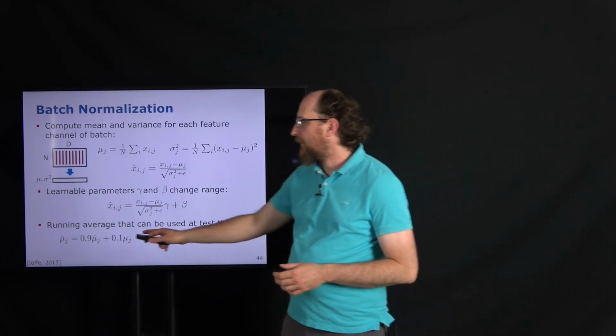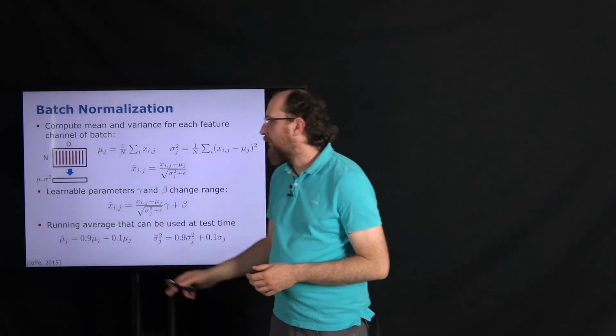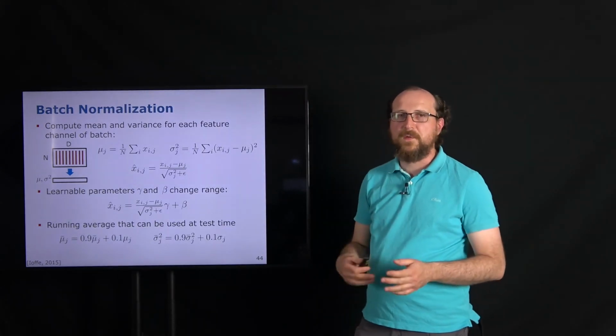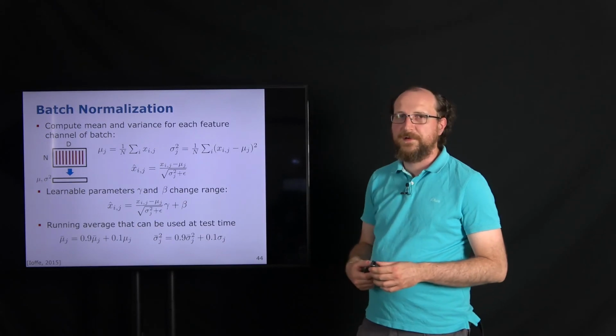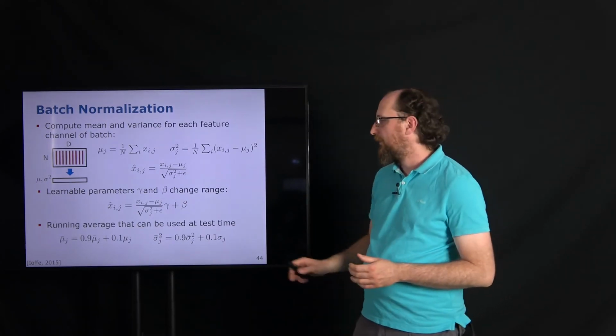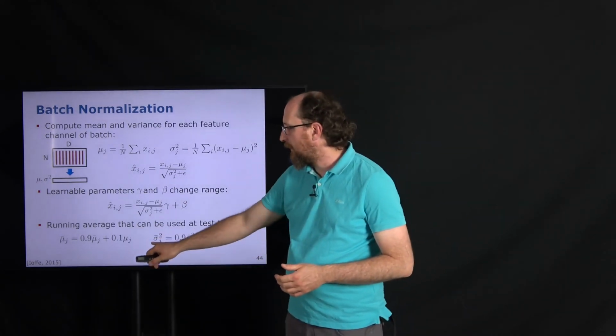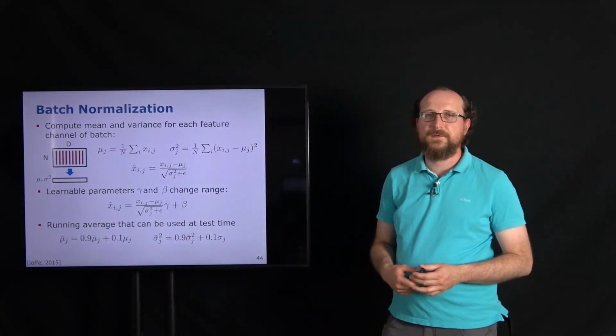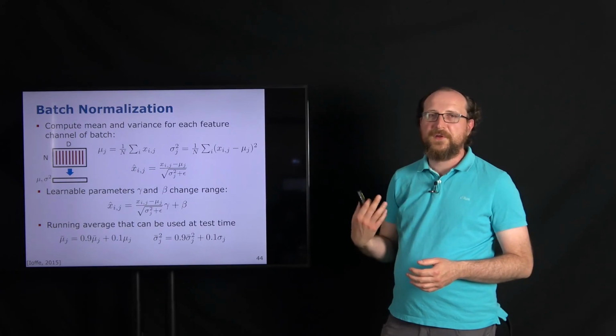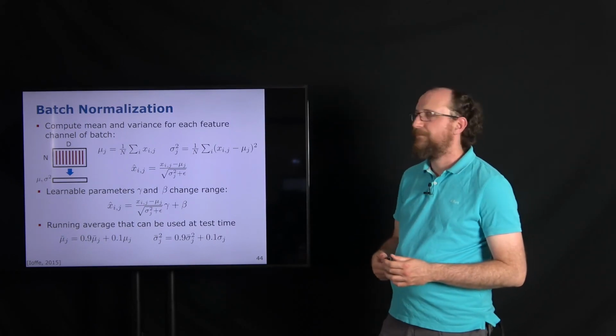This is what we store in our network, and it is used at so-called test time. So when we have just one image, we can apply these running averages, and this will give us the desired batch normalization that we want to apply.